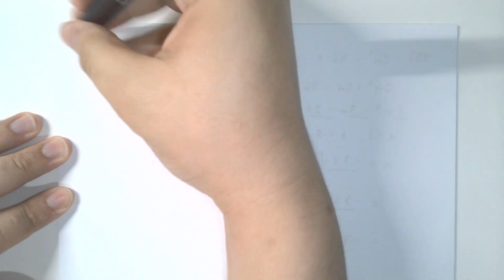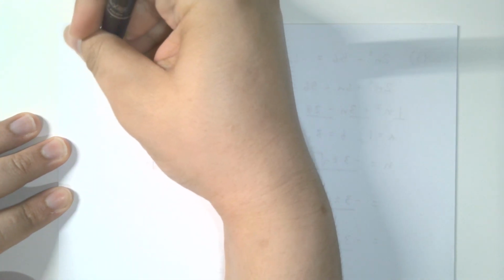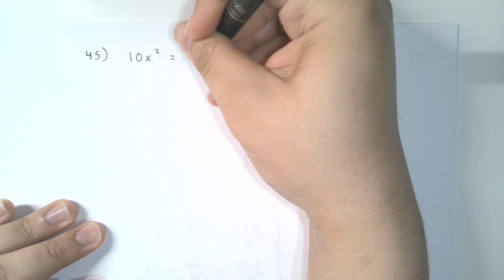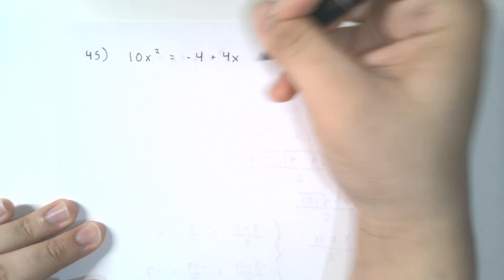Let's look at number 45. So with number 45, we have 10x squared is equal to negative 4 plus 4x.